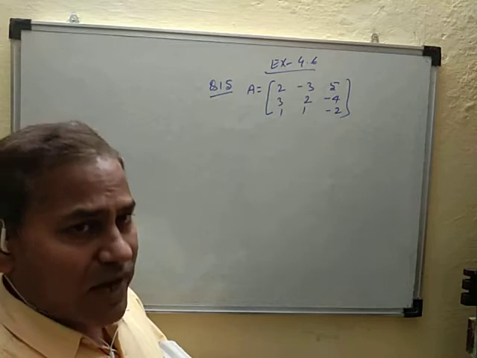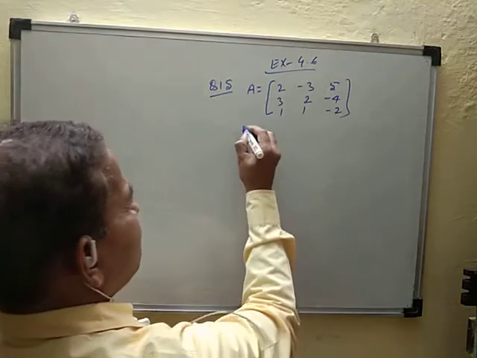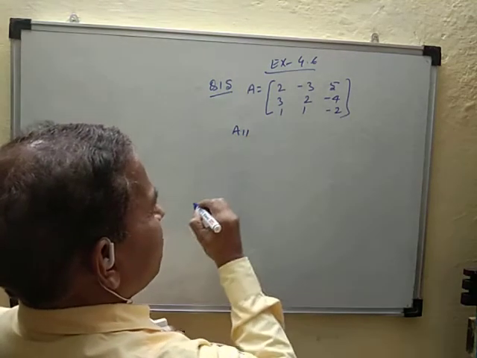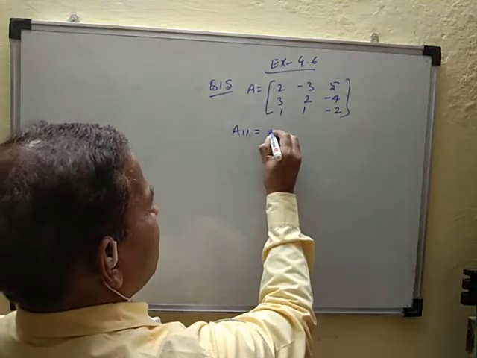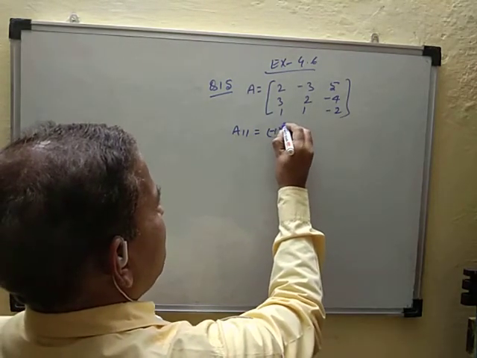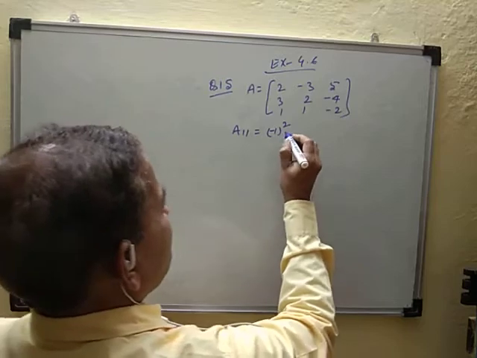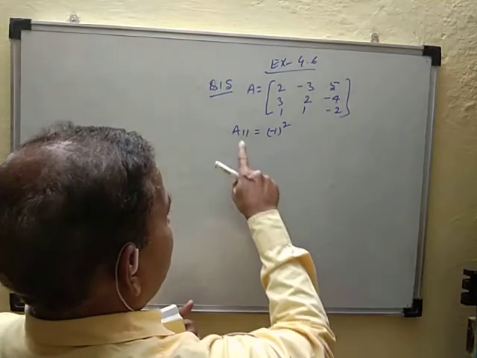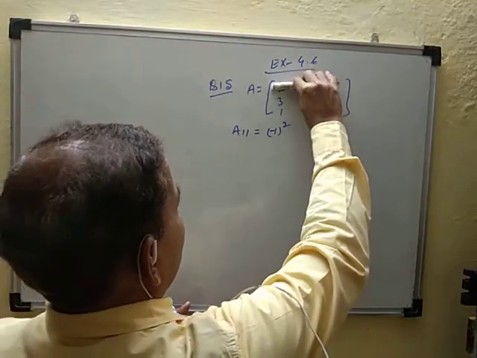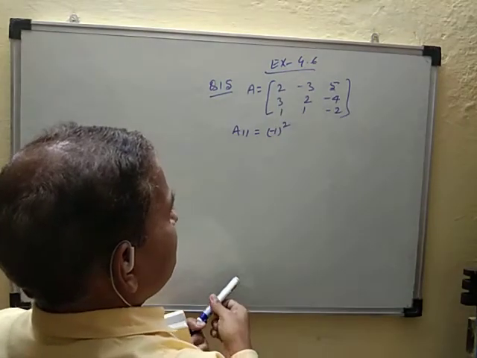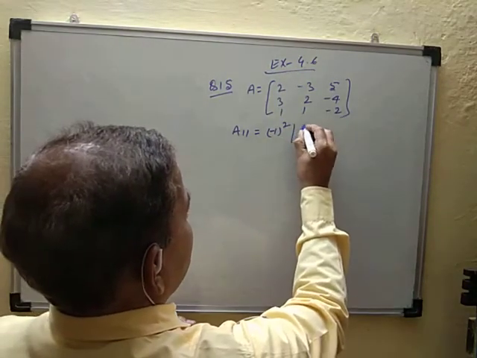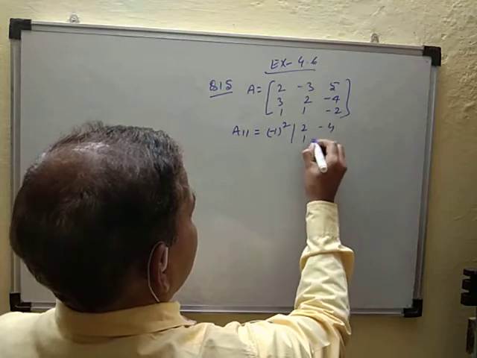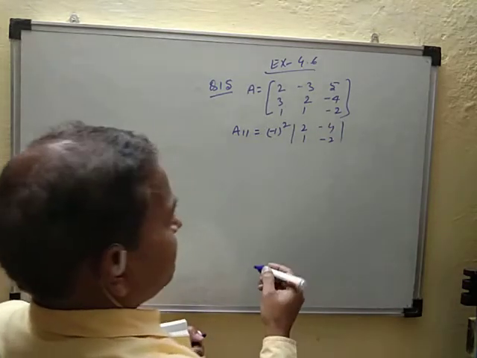find their cofactor, that is A11. A11 is minus 1 to the power 1 plus 1, that is 2, into आप फर्स्ट रो और फर्स्ट कॉलम को हटा देंगे, क्या बचा एलिमेंट 2, minus 4, 1, minus 2.